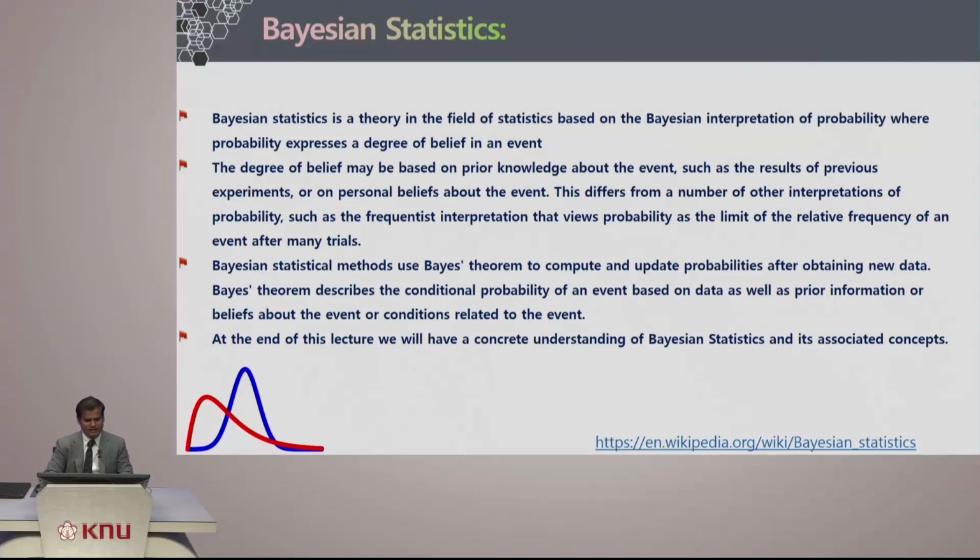Okay, basically the Bayesian statistics is a theory in the field of statistics based on certain Bayesian interpretation of probability, where the probability expresses a degree of belief in an event. Right?